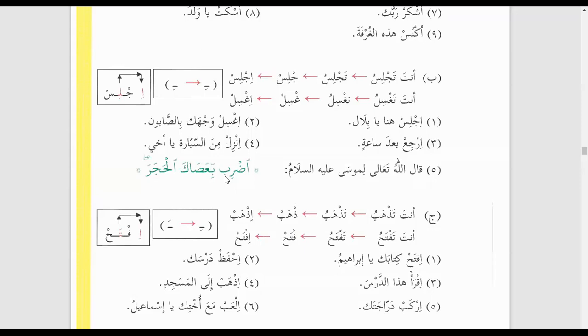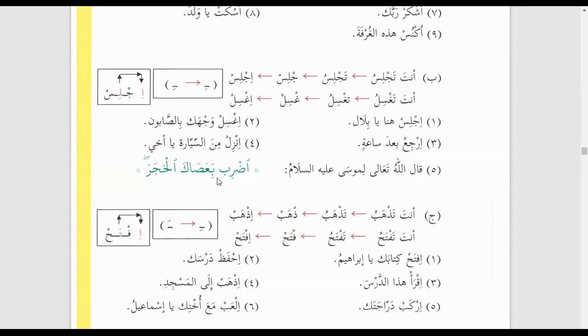Will do, sir. It is merging with the ba, so it is already connected with ba, sir. Okay. We will not. Yes, it's called idgham mutajanisain, that is, idgham of the letters which are from the same makhraj, from the same origin.